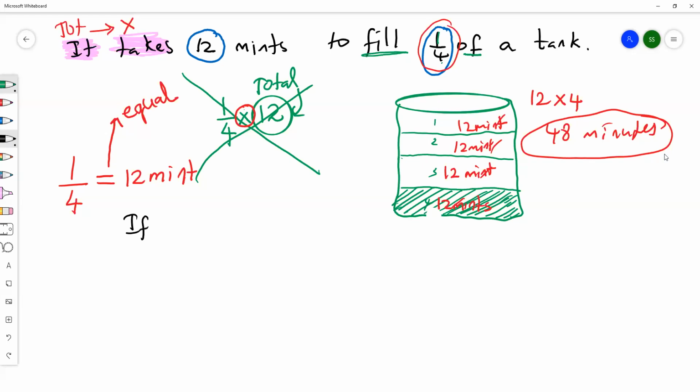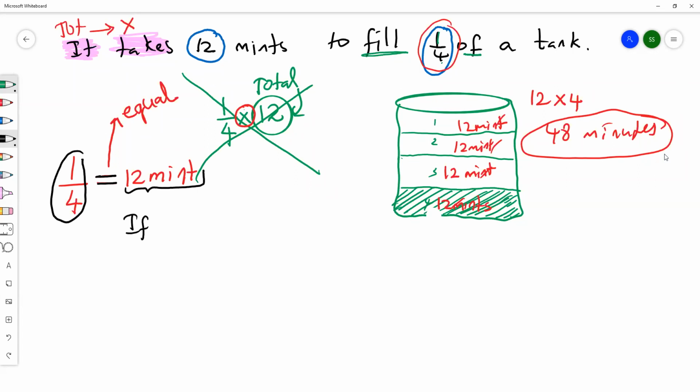If a fraction equals to something, no problem. That is minutes or coconuts or mangoes or apples or areas or rupees, whatever it is, liter, kilogram, milliliter, number of children, whatever it is, no problem.